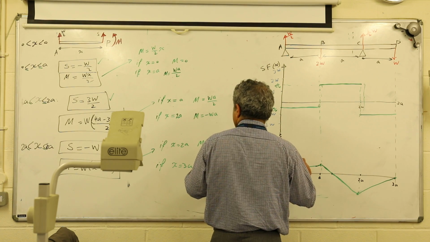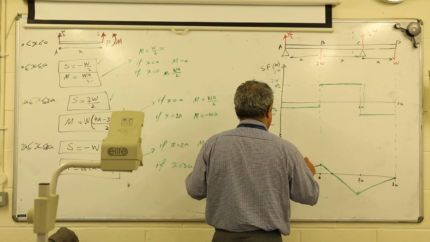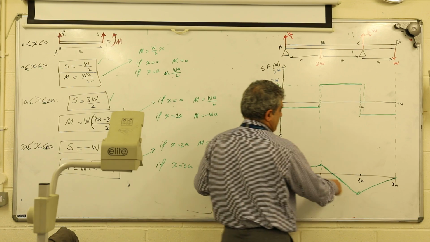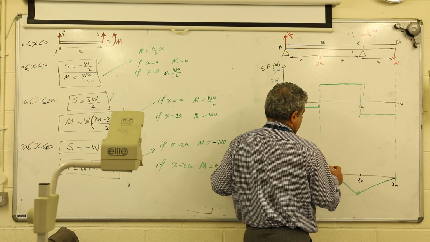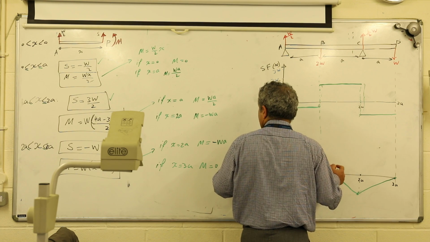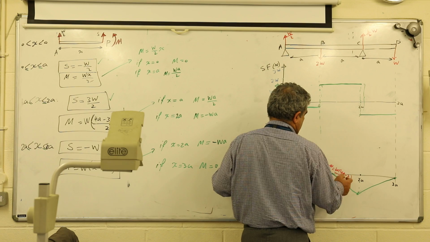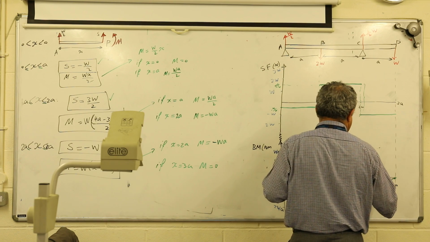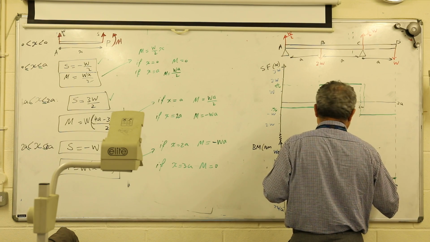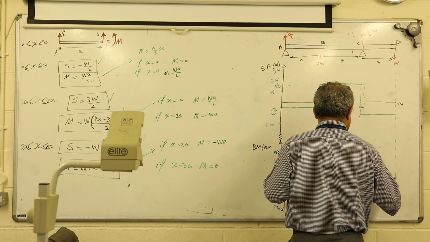M equals W over 2 times x. What's the equation of this line? M equals W times (4a minus 3x) over 2. What's the equation of this line? M equals W times (x minus 3a).